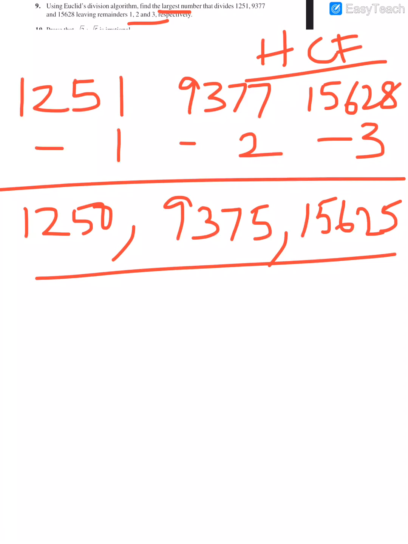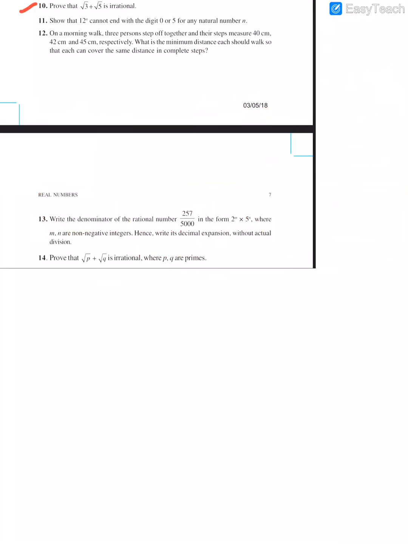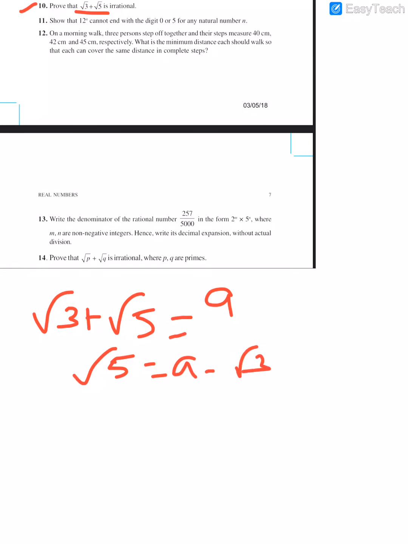Taking prime factorization method, find the HCF of these 3 numbers. Now root 3 plus root 5 is to be shown irrational. Let us suppose the opposite, let it be rational and let it be a, not a by b. Now root 5 is equal to a minus root 3.